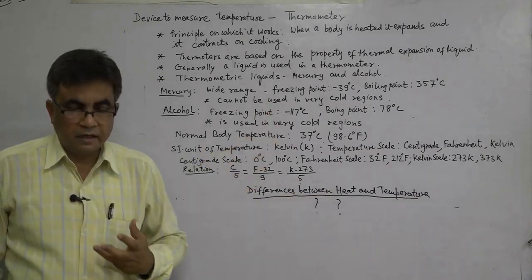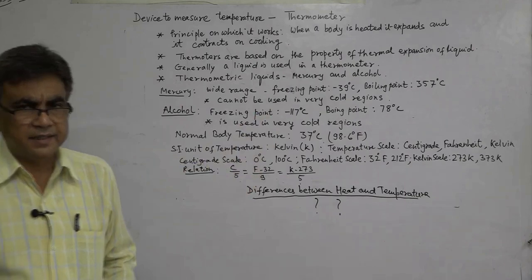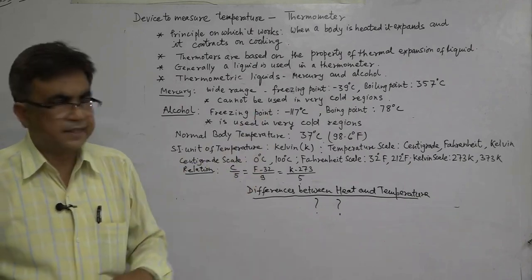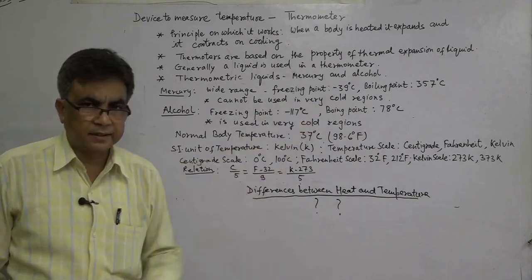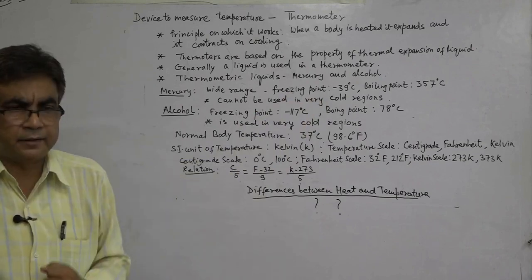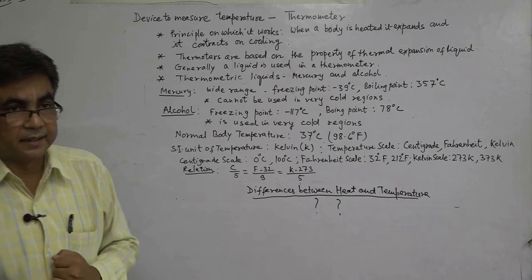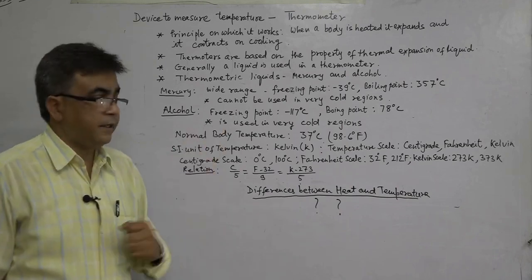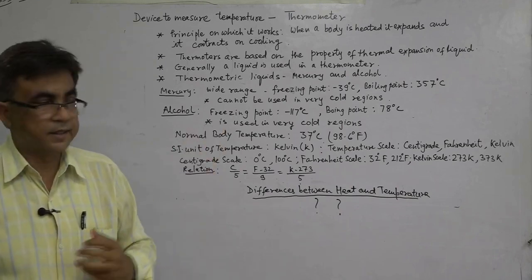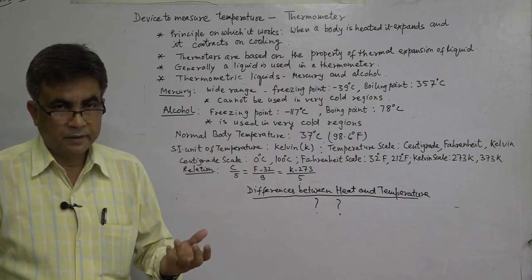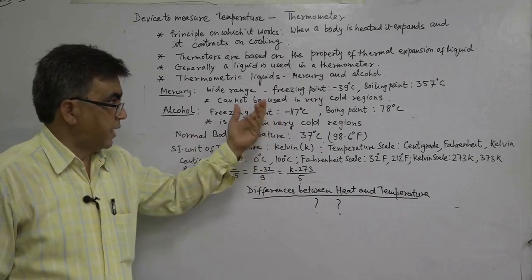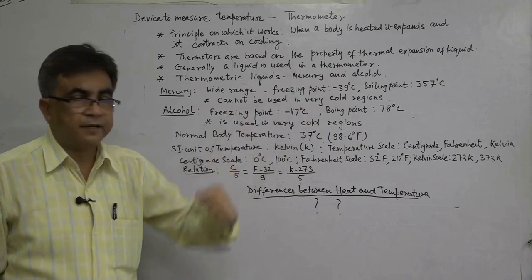But one thing, now there are so many places on the earth where the temperature goes below minus 39. In very cold regions where the temperature goes below minus 39 degrees centigrade, a mercury thermometer doesn't work because it gets frozen. So that's why it cannot be used in very cold regions.